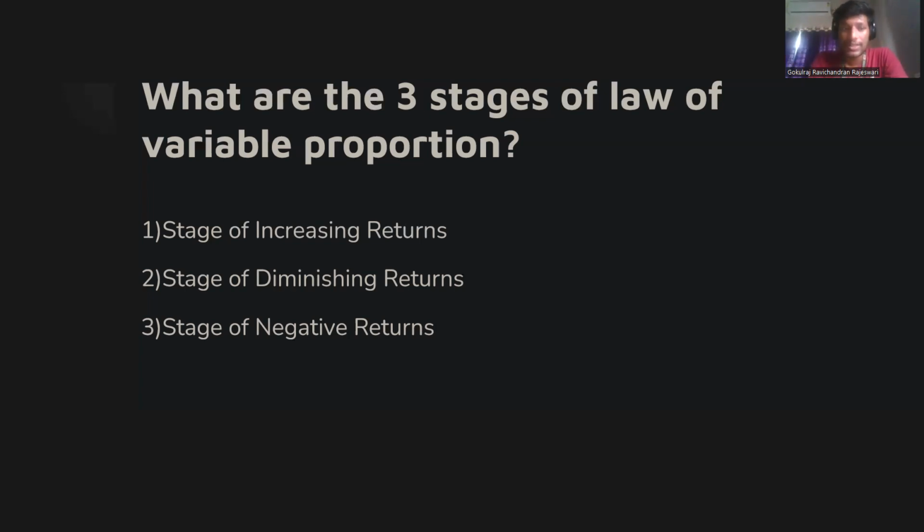The negative return occurs when the fixed inputs are overwhelmed by the excessive quantities of the variable input, leading to inefficiency, congestion, or other factors that will ultimately hinder the production, thus reducing the output. This stage is also referred to as the stage of disintegration.